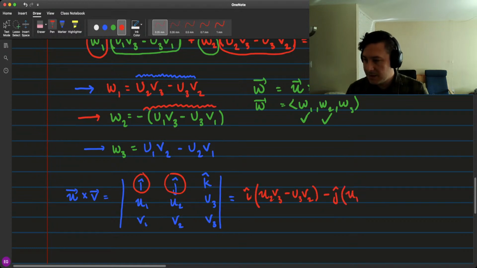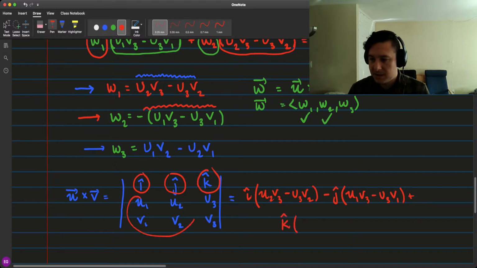You get U1 V3 minus U3 V1. And then you do plus. You have your K. And then you're going to look at these two. You multiply across and subtract, and that's exactly what you got from up there. U1.